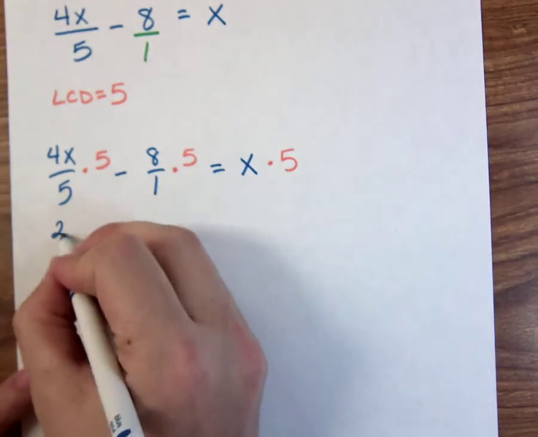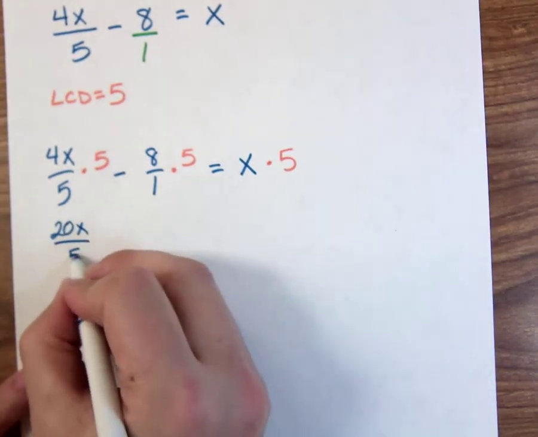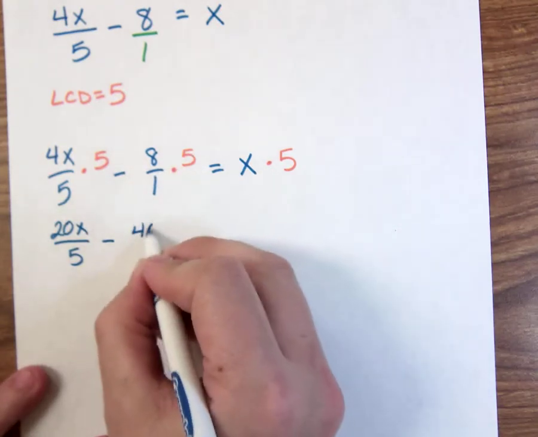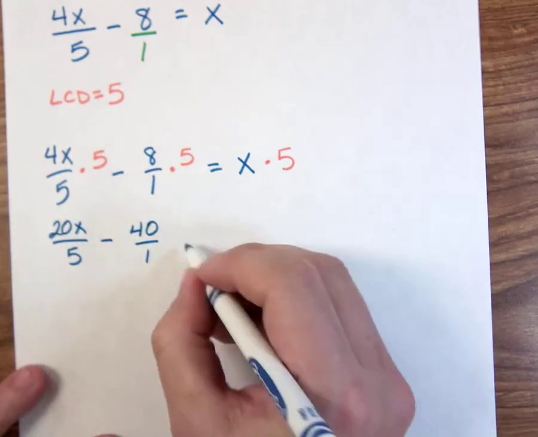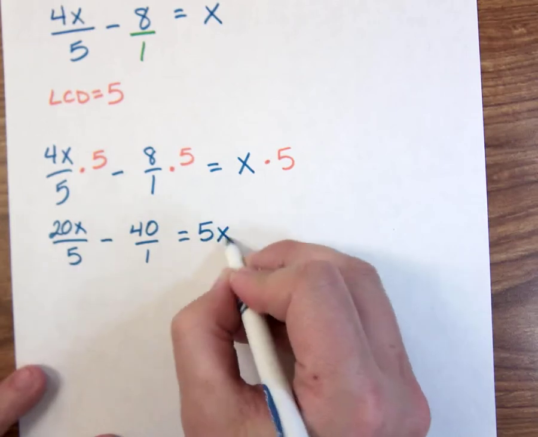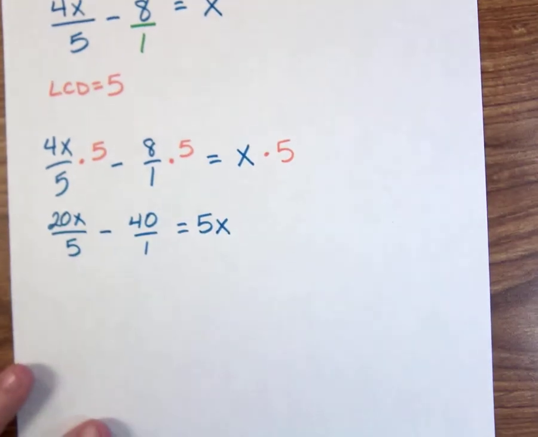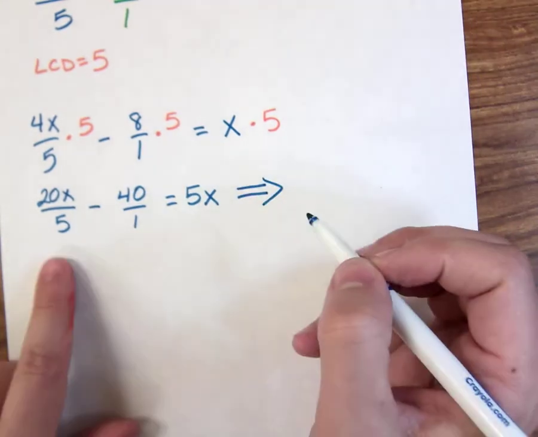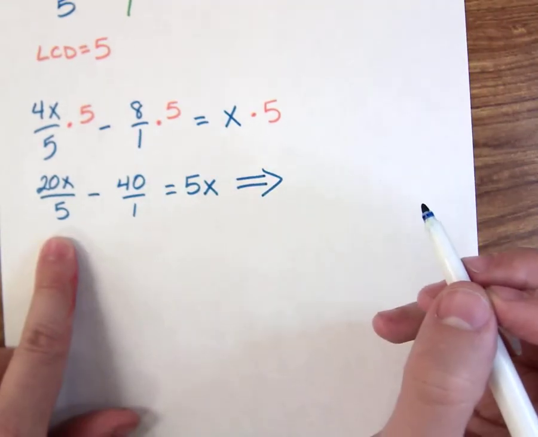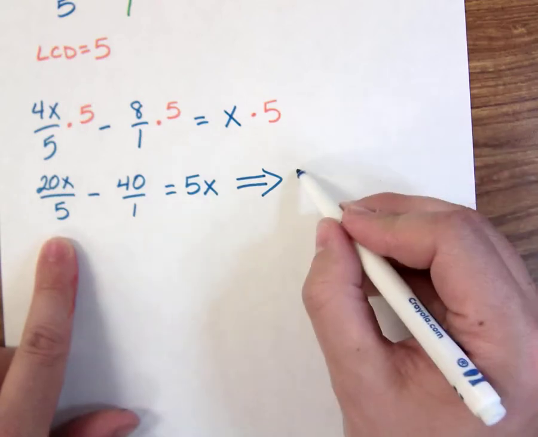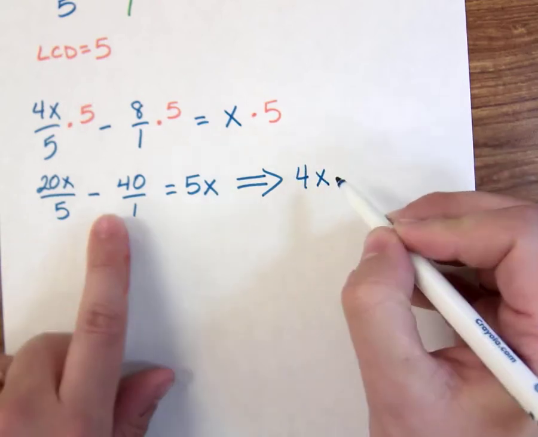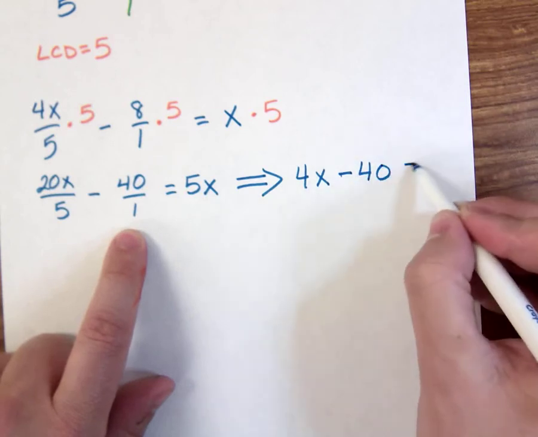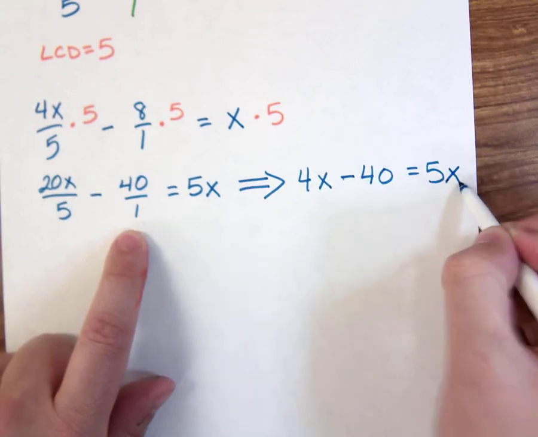Yep, 20x over 5. Minus 40 over 1. 8 times 5 is 40. So 40 over 1 equals 5x. And that is stuff that can reduce. 20 over 5 reduces to what? 4x. Minus 40 over 1 is just 40. Equals 5x.